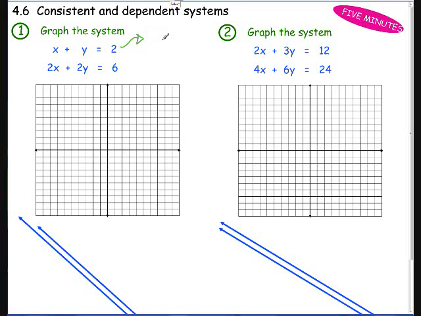I like the slope-intercept form, so if you'll indulge me, let's transform this into slope-intercept. So I will have a y-intercept of 2, so that's where we're always going to start. Right here, that's the anchor for our line.